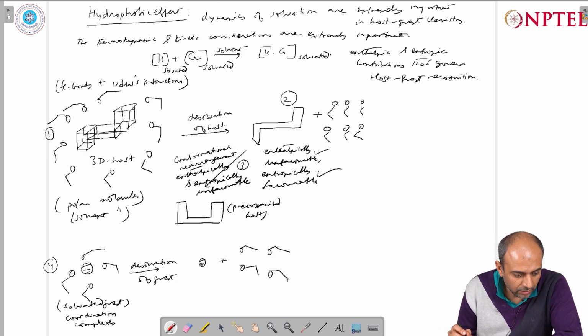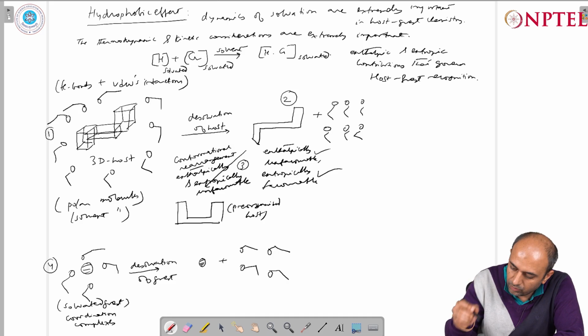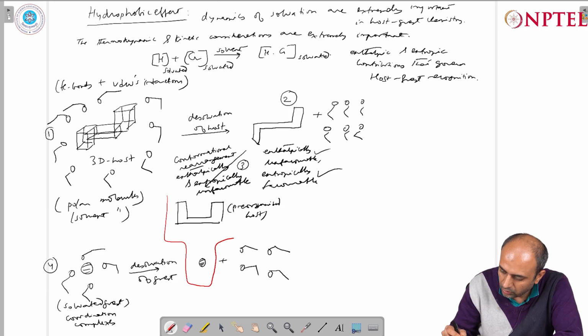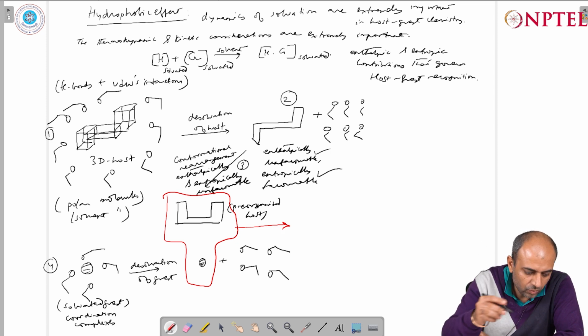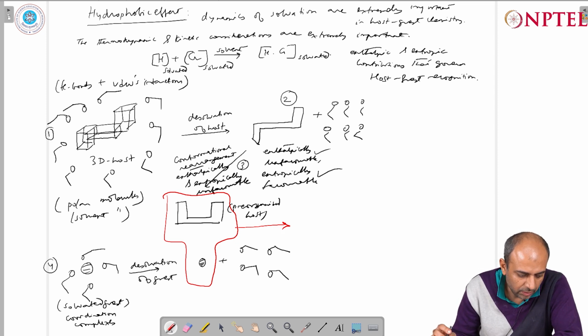In the next stage, we now have the complexation process where the host and the guest complex with each other. So, now the host and the guest are going to complex with each other, and this is going to be the sixth stage.